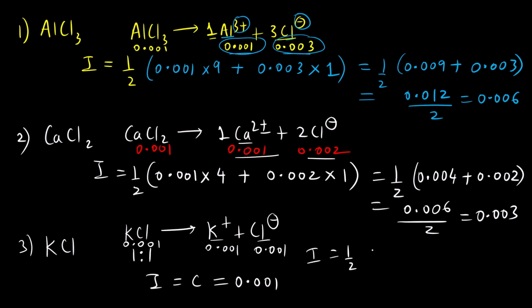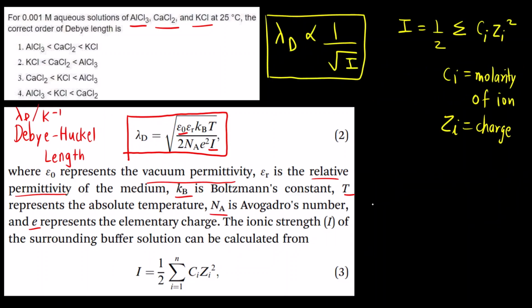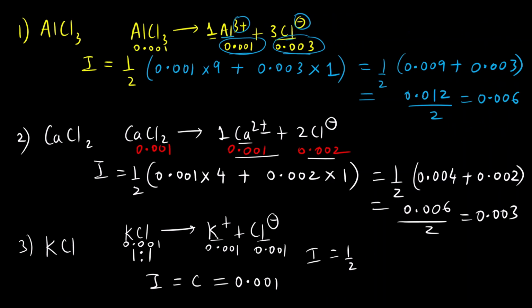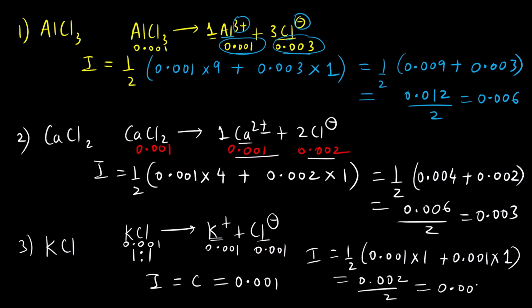Ionic strength is half into 0.001 into 1 square plus 0.001 into minus 1 square, so 0.002 divided by 2, the same as the concentration. To save time, remember that whenever there is a 1:1 electrolyte, like KCl or ammonium nitrate, the ionic strength is the same as the concentration.